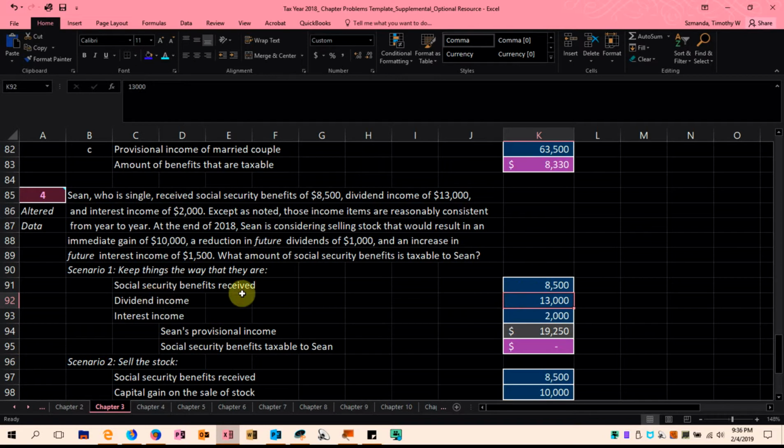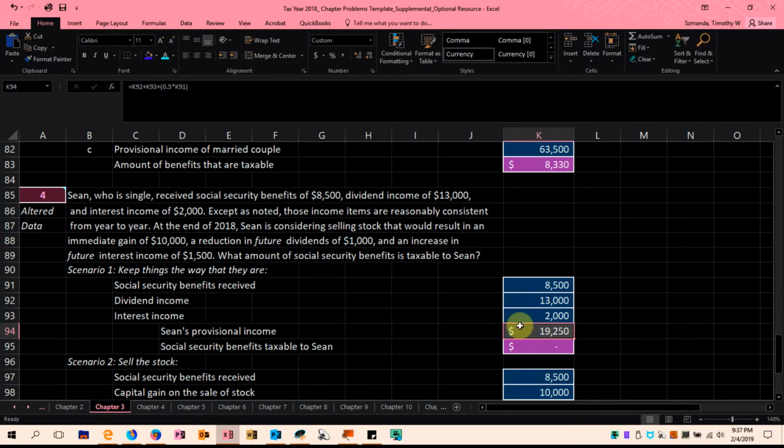I've got Social Security benefits received of $8,500, using my data, dividend income of $13,000, and interest income of $2,000. The provisional income is half of the Social Security benefits, so half of $8,500, plus the dividend income, plus the interest income.